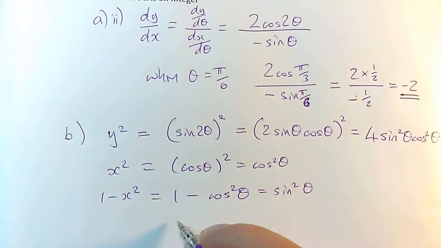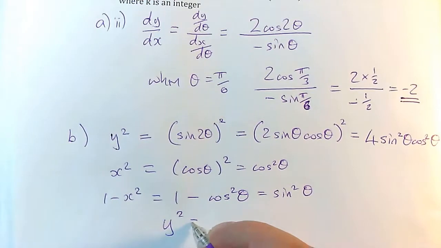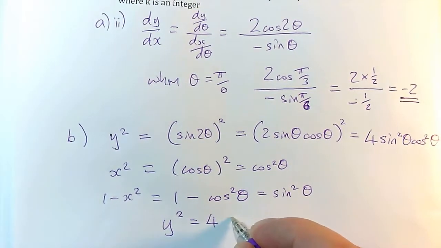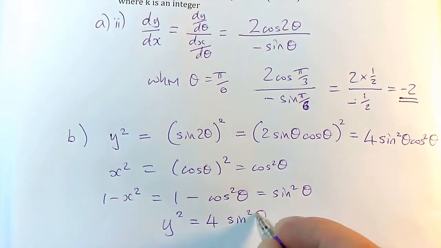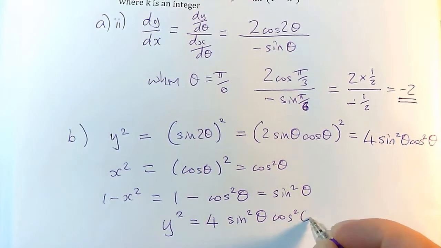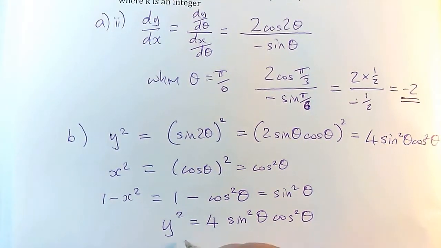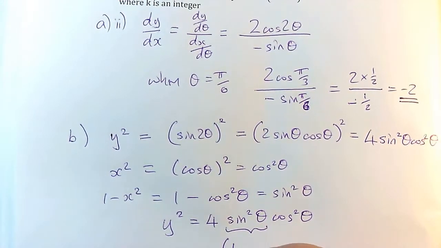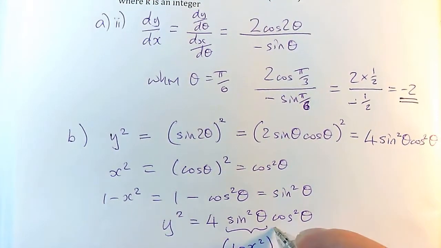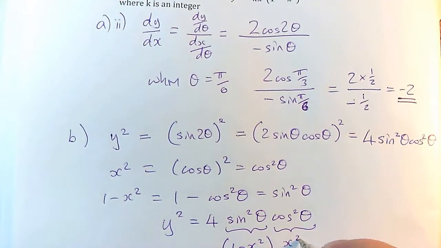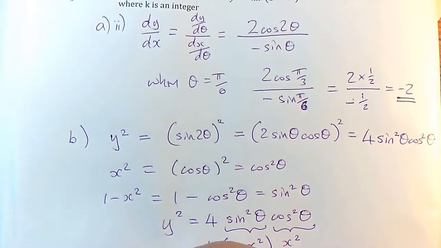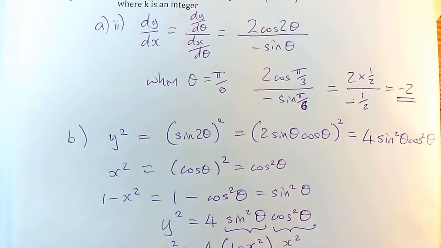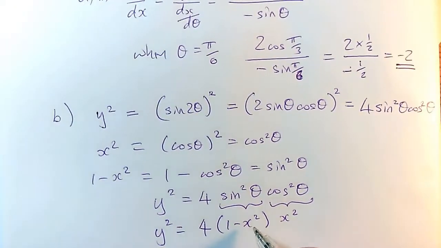Well, we've got y squared equals 4 times sine squared theta times cos squared theta. Well, sine squared theta I now know is 1 minus x squared, and cos squared theta is clearly x squared, and I've got a 4 in front of that, and so I've got y squared equals 4 times x squared times 1 minus x squared.